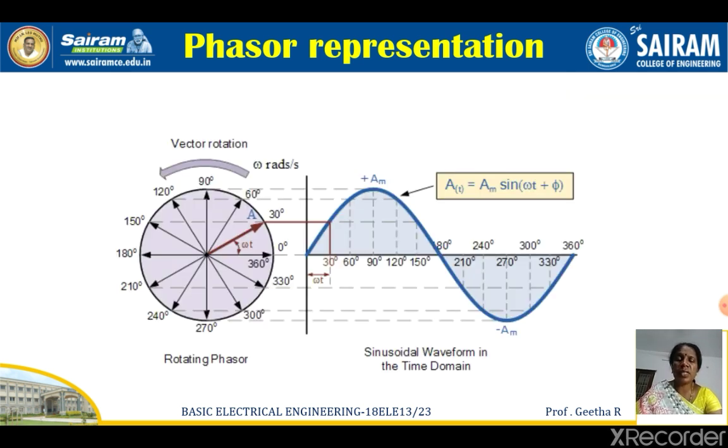Now, how can the phasor of a sinusoidal voltage be generated? Consider a sinusoidal waveform in the time domain, and to have the phasor representation, consider a rotating phasor, meaning a line, the radius of a circle, with length equal to the magnitude or the peak value, rotated anti-clockwise.